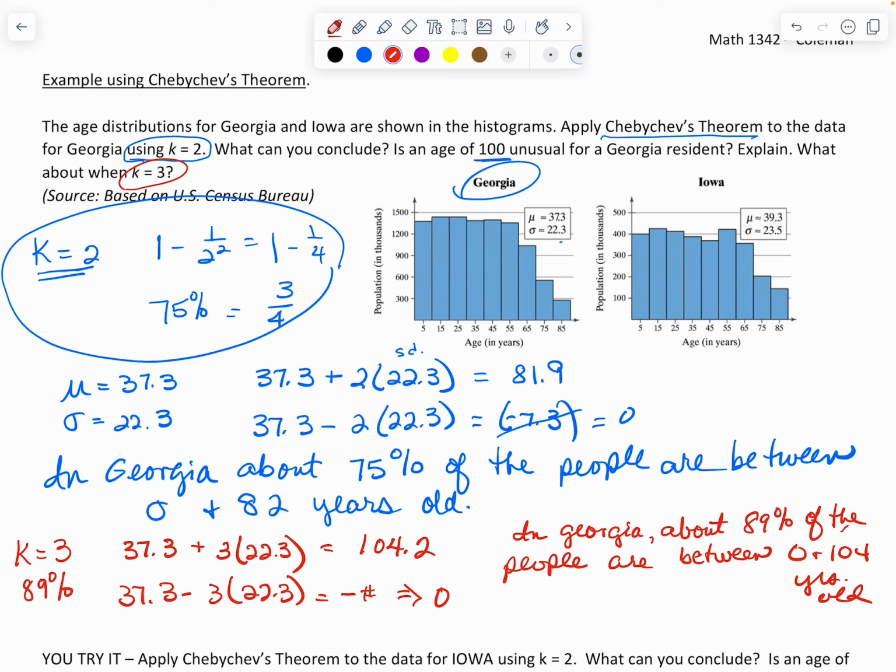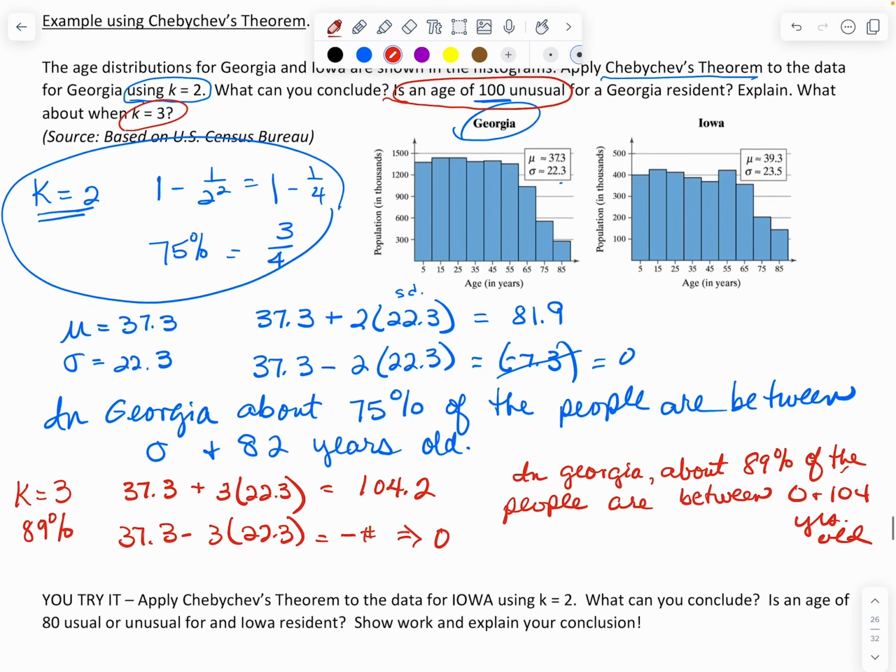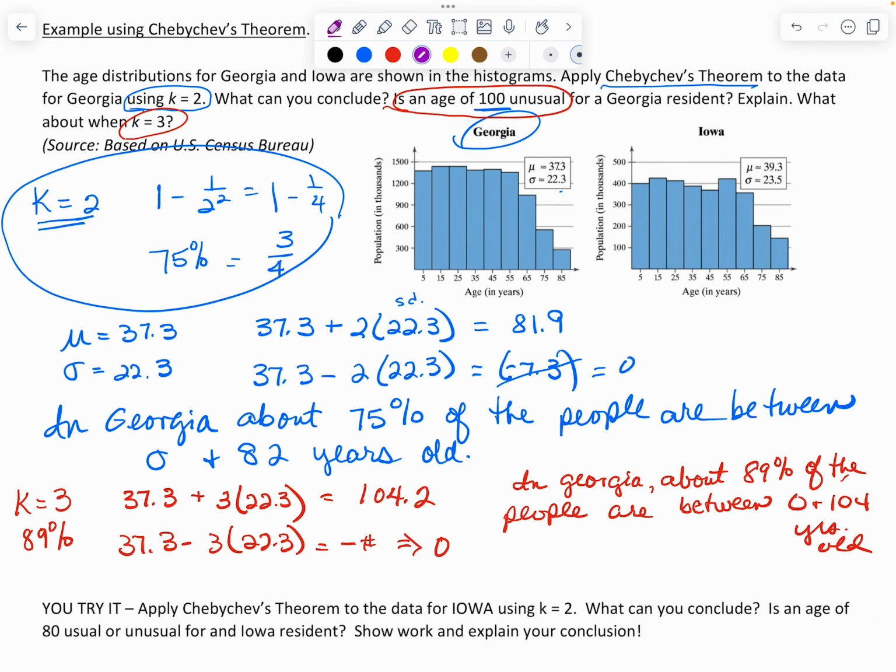So now it asks you, is the age of 100 unusual for Georgia residents? Explain why. Well, for something to be unusual, unusual data falls outside plus or minus 2 standard deviations.